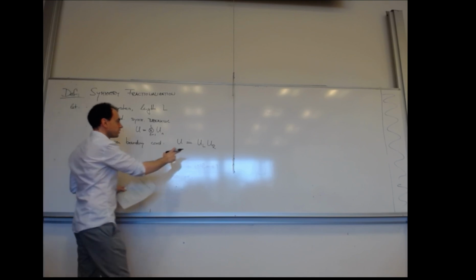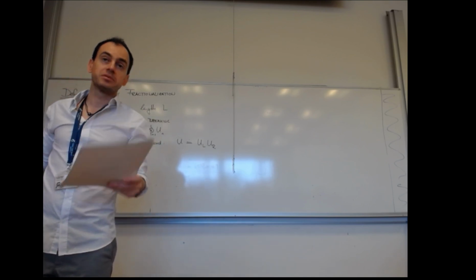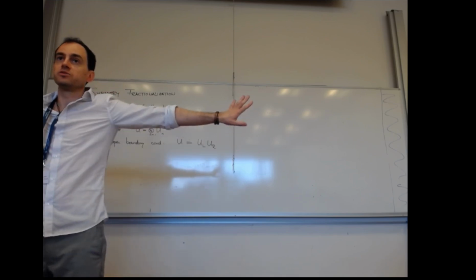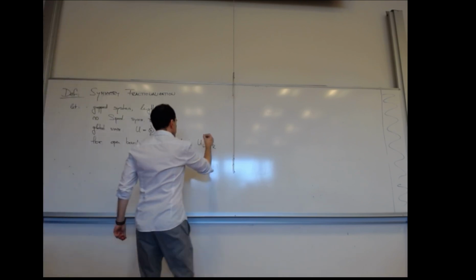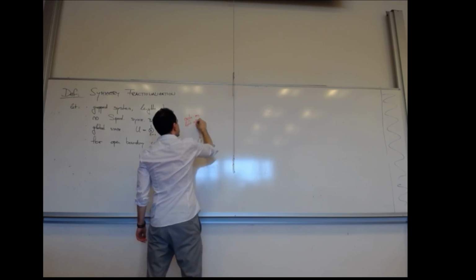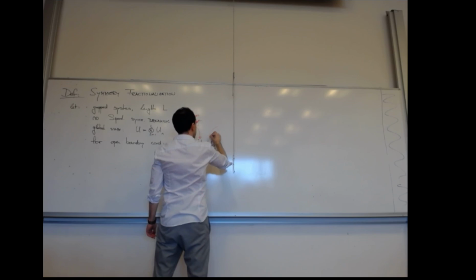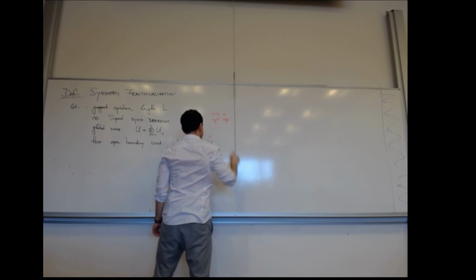UL and UR act on the left and right edges, and the overlap of these operators vanishes as L goes to infinity. X on left edge, X on right edge.